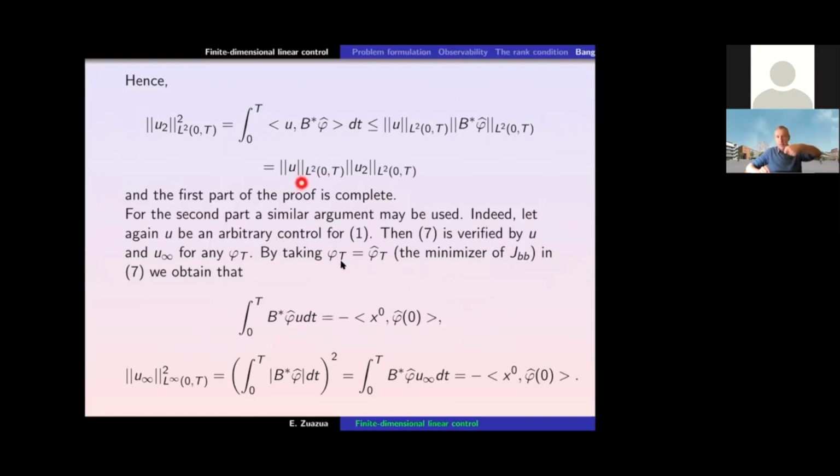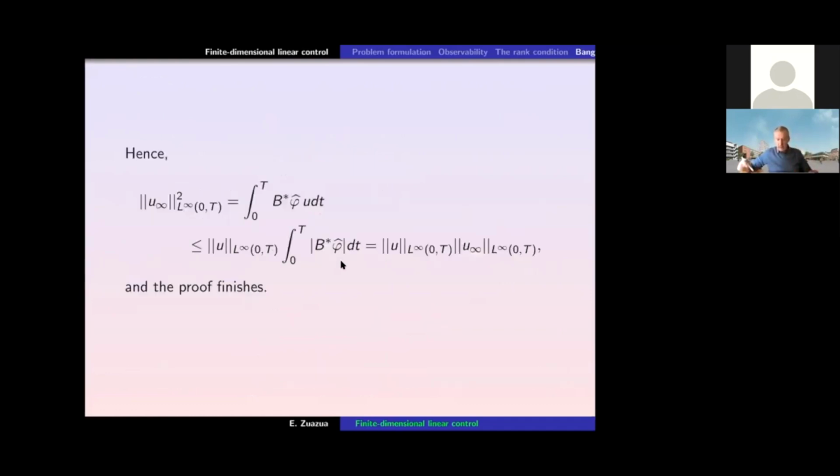This extra property of being the minimizer of that functional, this Euler-Lagrange equation, allows you to show that the norm of any other possible control is larger than the norm of this control, just because of this Cauchy-Schwarz, out of which you can just drop one norm of U to get the norm of U2 less than the norm of U. And the same can be done in the context of bang-bang controls, using that one of the controls is the one given by the Euler-Lagrange equation, and the other one is the general one. So this is another very important aspect, right?